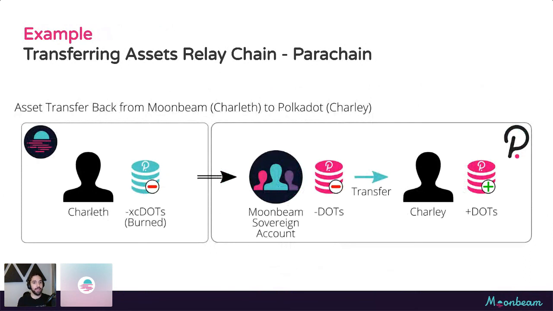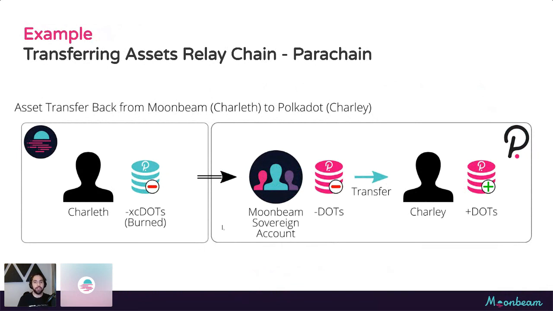Via the execution of the XCM, Charlotte is going to burn these xcDOT, and then the Moonbeam sovereign account is going to acknowledge that Charlotte burned these, and the Moonbeam sovereign account is going to transfer the same amount of DOT to Charlie, which is the account that Charlotte specified.